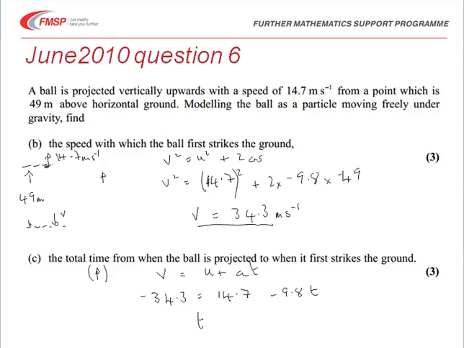That gives a value t is equal to 49 divided by 9.8, which gives us a value of 5 seconds.